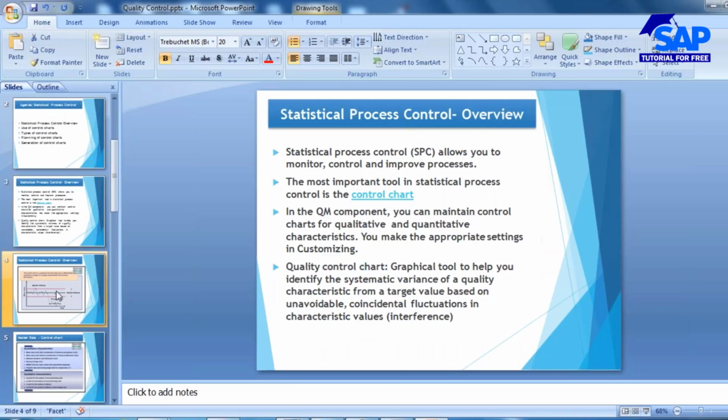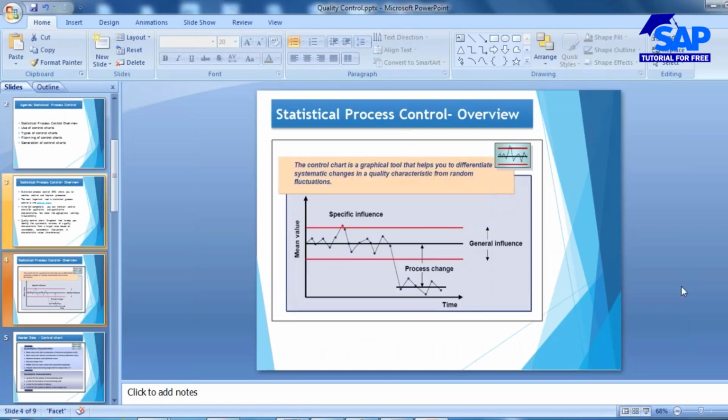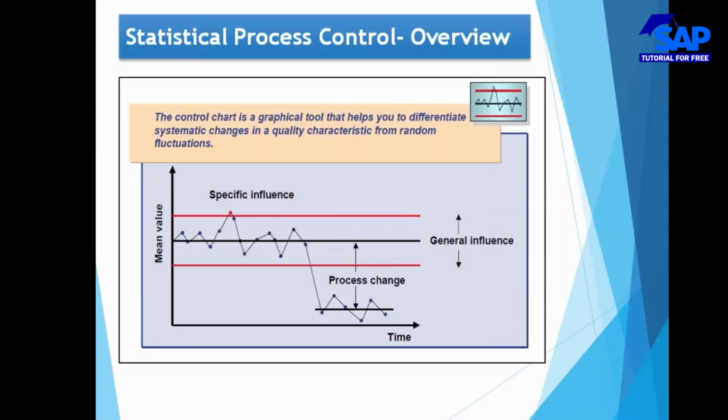A typical quality control chart looks like this. If you see this, this is the control chart. Here you have the x-axis, and here you have the y-axis. You plot all your quality results onto the chart like this. This is your target value, this is your lower limit, and this is the upper limit.